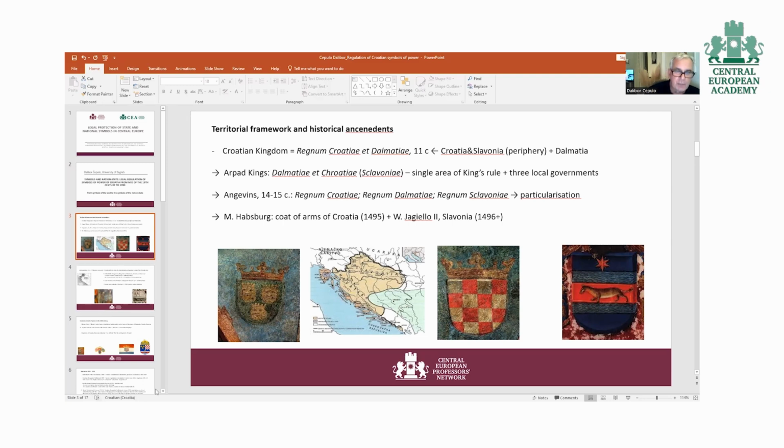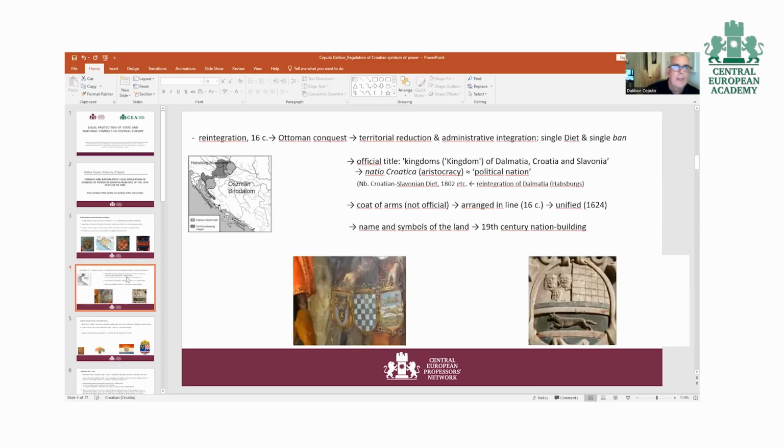This was accompanied by three respective coats of arms of the three lands, but the historical pendulum turned the other side after the Ottoman conquest and the shrinking of these territories into much smaller ones. That was the reason they were administratively integrated by a single diet and a single ban.